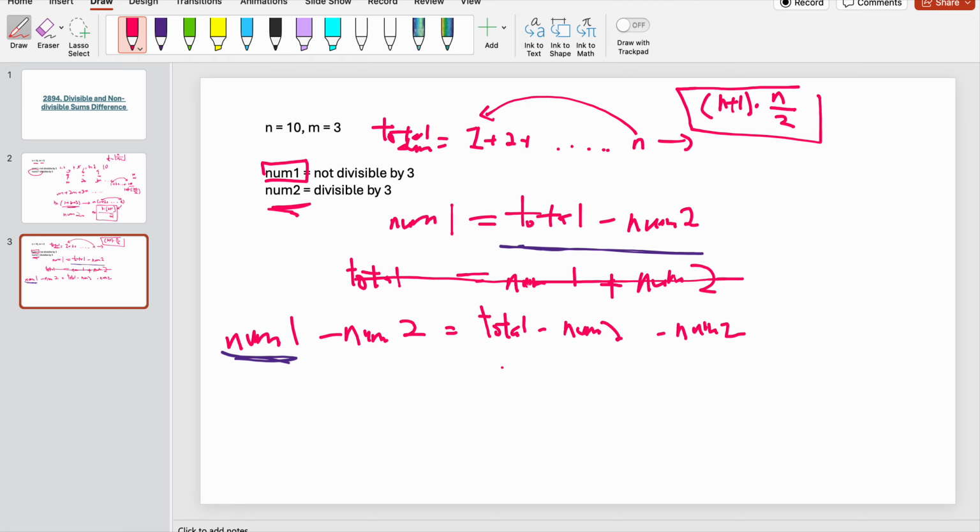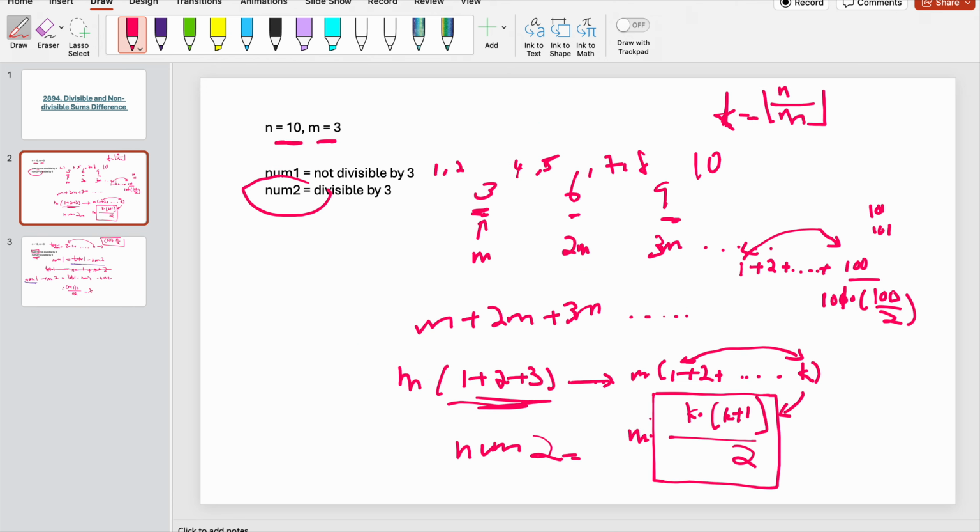So since we know that the total here is n plus 1 times n divided by 2, and then we want to minus 2 times num2, right? So what is num2? Num2 is this, right? Including the m.